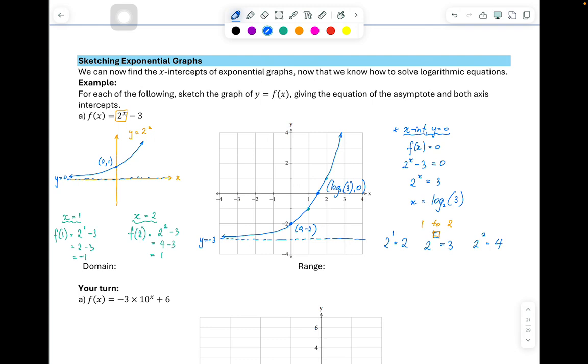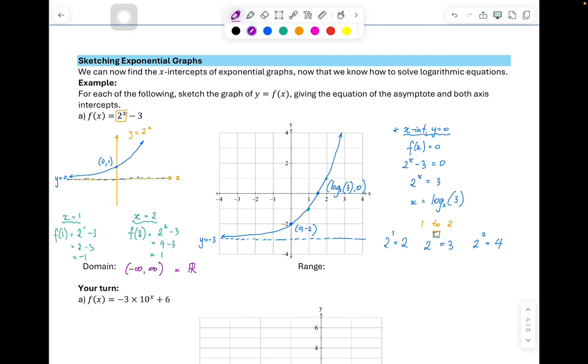Don't forget to pause. Oh, just before we pause, we need to find our domain and range. For our domain, we can see this graph keeps going further to the left, which indicates that we start from negative infinity, and we keep going further to the right as we go up, so to positive infinity, which is the same as all real numbers.